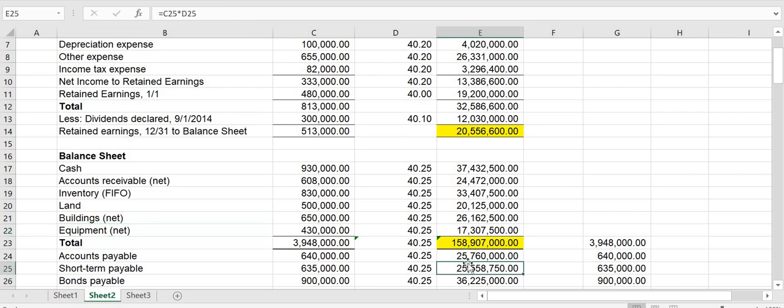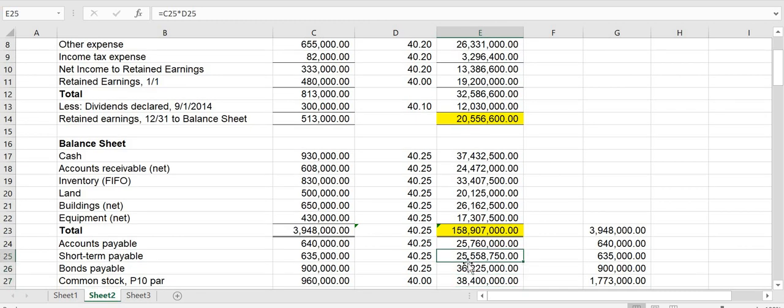Okay, then all liabilities, such as accounts payable, short-term payable, and bonds payable, shall be translated at the current exchange rate. So same yung pagka-translate natin sa asset and liability accounts. So you have here accounts payable, that's actually 25,760,000.